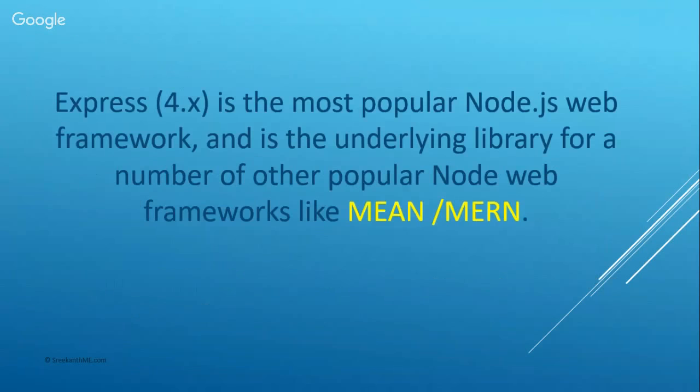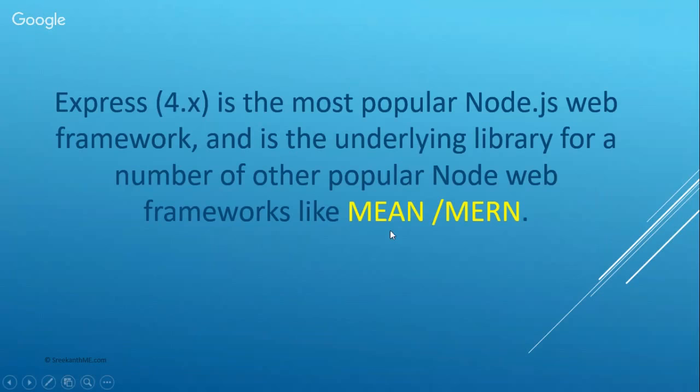Okay. So the current version of Express is 4.x. It's the most popular Node.js web framework, and it is the library that is part of the MEAN or MERN stack, that again, most of you may have heard about.